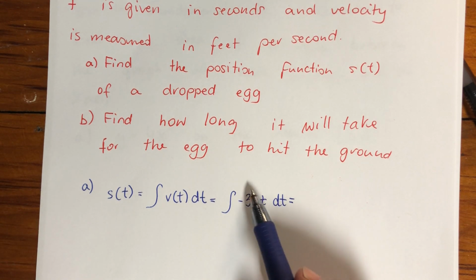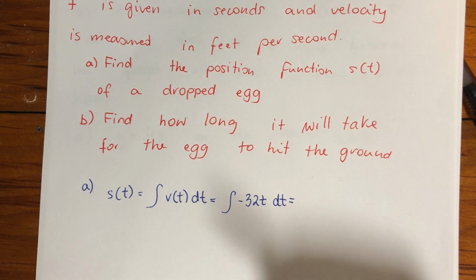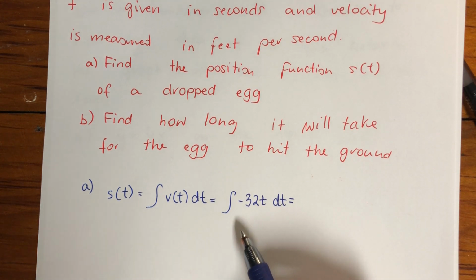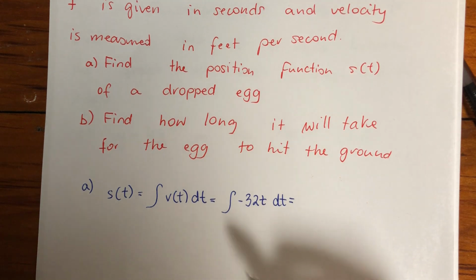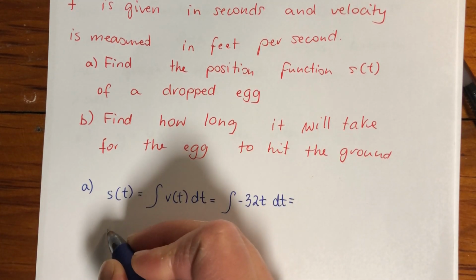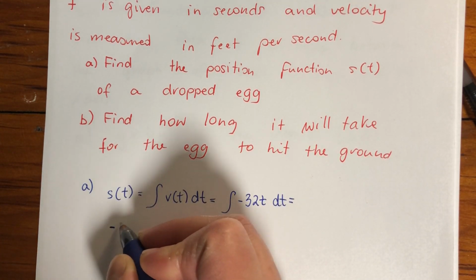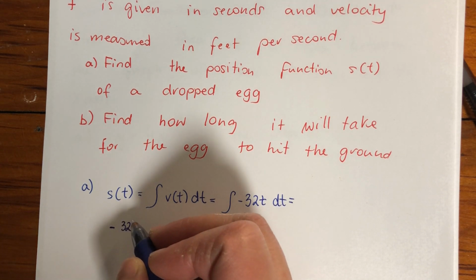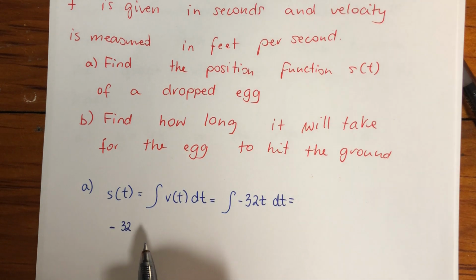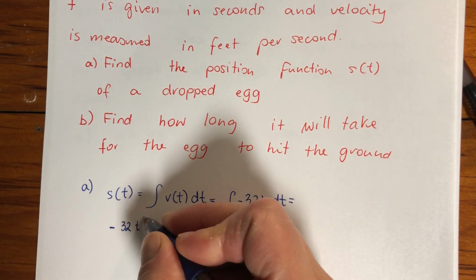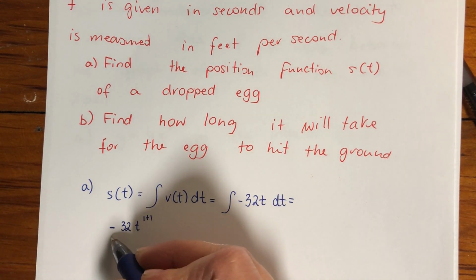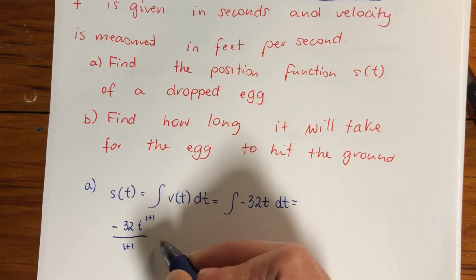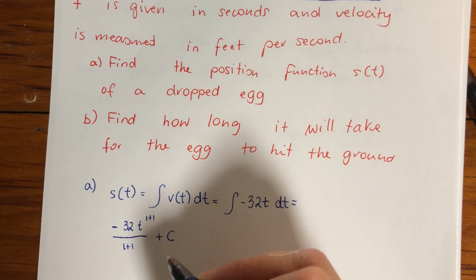What was the formula that will help me find the antiderivative, or integrate something that looks like this? So this is going to be, well, think about this for a second, negative 32 t to the power of 1 plus 1. I'm just writing all my work, and I'm going to divide it by 1 plus 1. And again, I need to remember the constant c.